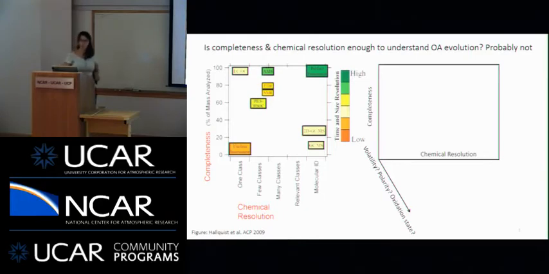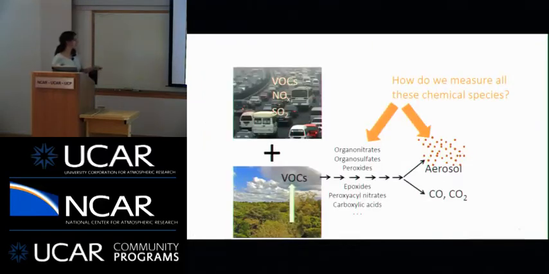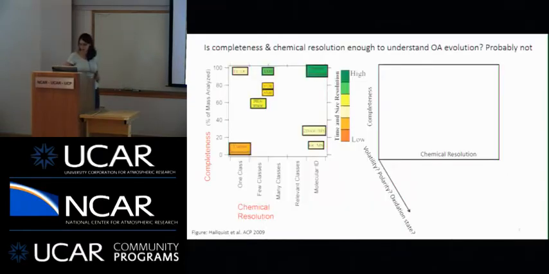So this is perhaps what we want. But what I've realized in looking at this is that all of these figures only focus on aerosol measurement. And of course, if we go back to this picture here, a lot of the chemistry is occurring in the gas phase. And I think that we're beginning to realize that we need to start adding in not only aerosol phase in terms of chemical resolution and completeness, but we also need to think about including this in the gas phase.